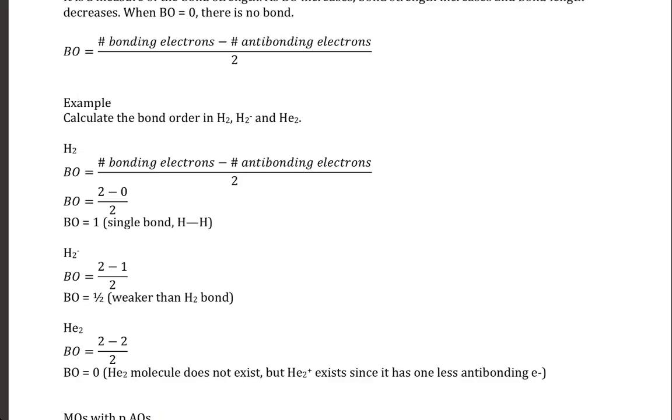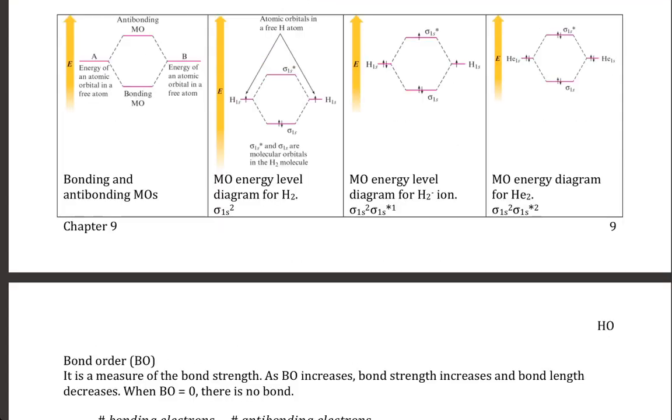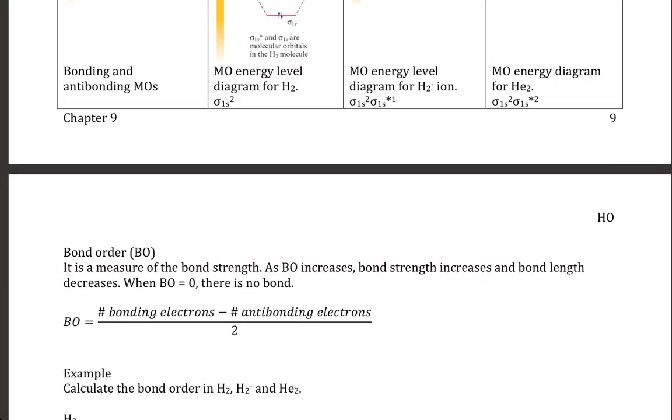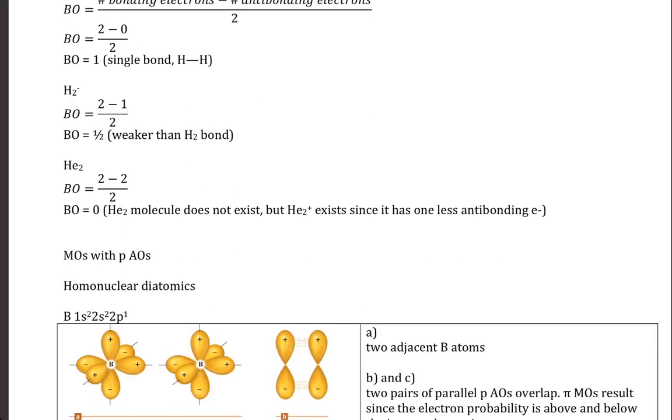Okay, now looking at H2 minus, here's its energy level diagram, the third one there. We have 2 bonding electrons. We have 1 antibonding electron. So we have bond order equals 2 minus 1 over 2. It is a half. Now, that's a smaller number than the bond order for H2.